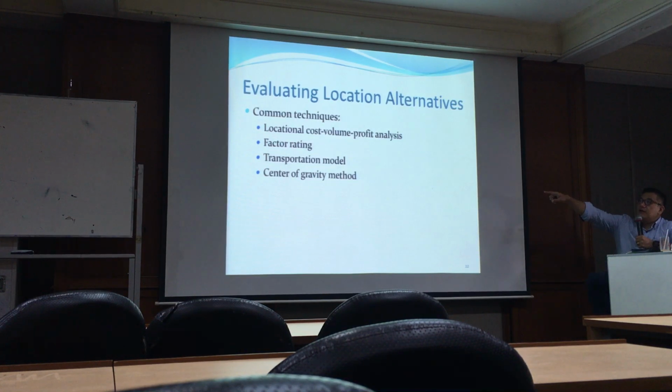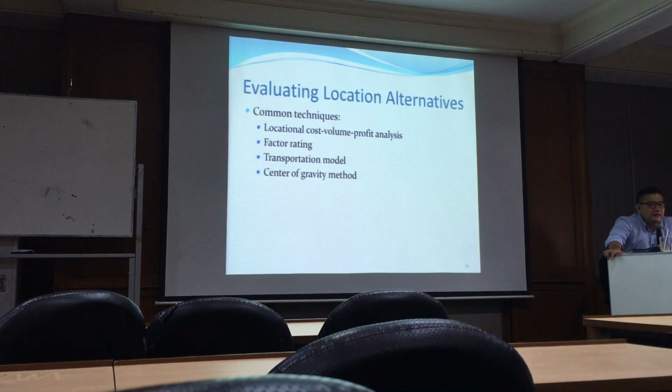The transportation model is one that you can study in the modeling course. We are not concentrating on that calculation. But for today, we're going to cover just 3 of them: cost volume profit analysis, factor rating, and center of gravity.